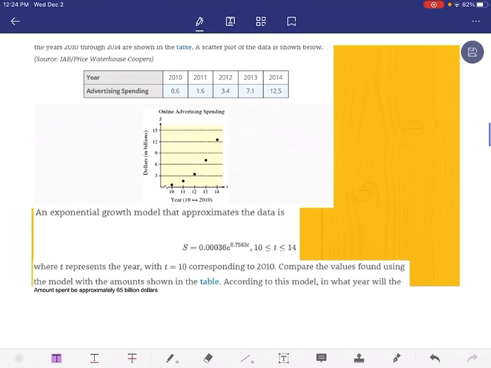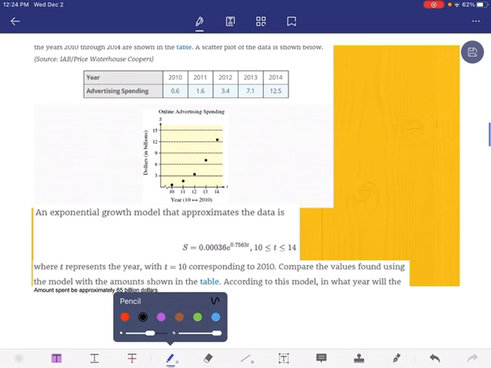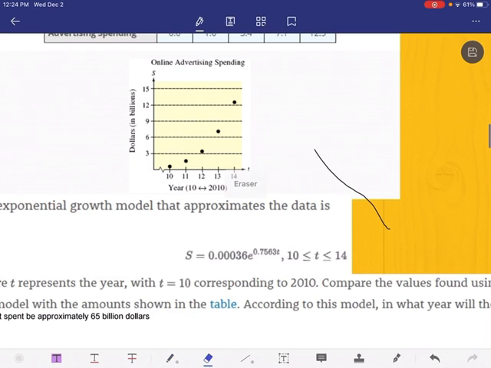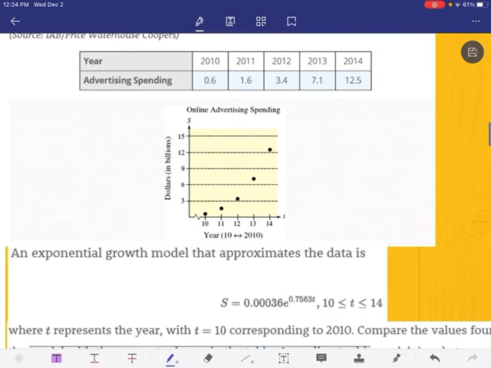Okay, so our first thing it asks us is to compare the values found using the model with the amounts on the table. The way that we can do that is by plugging some values into our model. Let's make another row of our table for our model values.